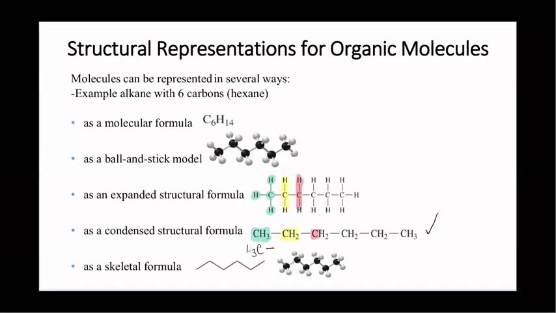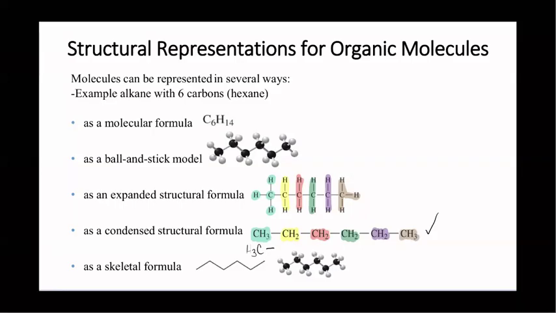Next, there's a CH2. Next, there's a CH2. There is a CH2. And then at the end of the molecule, we can see another CH3, a carbon connected to 1, 2, 3 hydrogens. So that's why it's written as CH3.